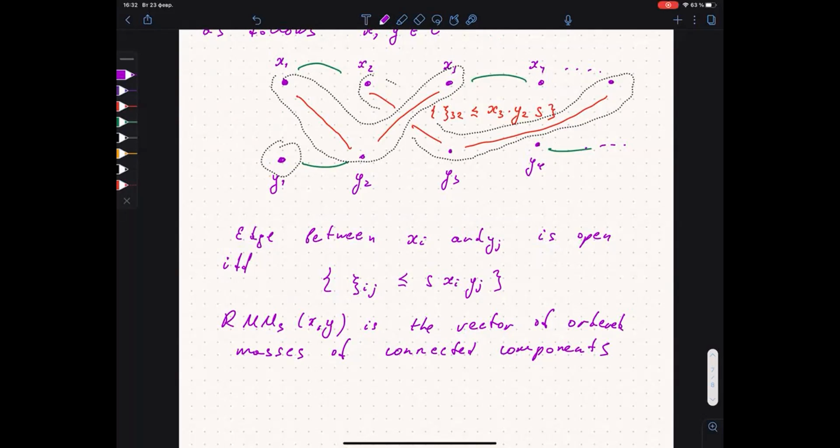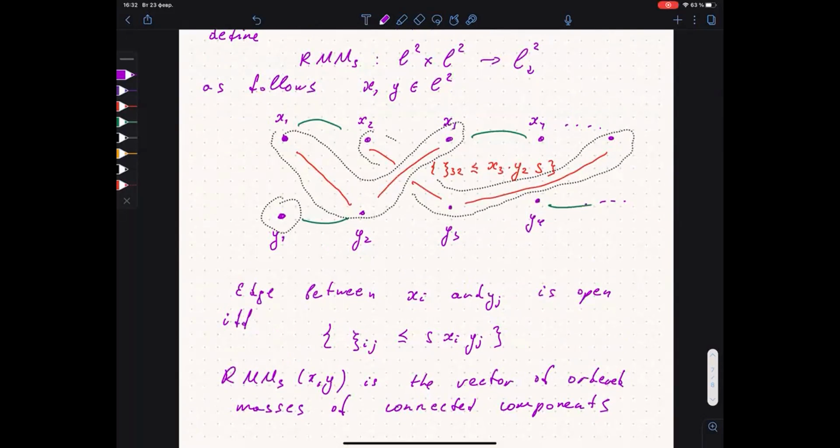Of course. Now let's do the following trick. We add edges. Let's take another family, say xi prime, of independent exponentially distributed random variables, and xi2 prime, and also add edges according to that rule.